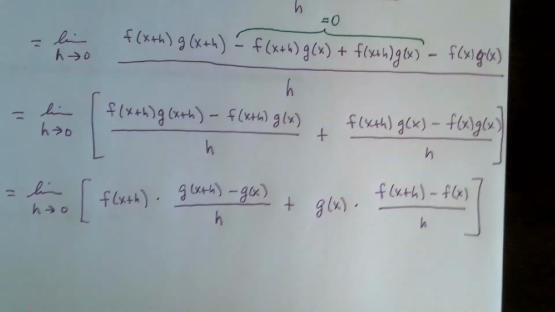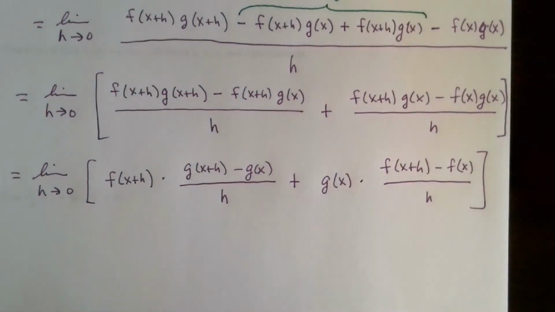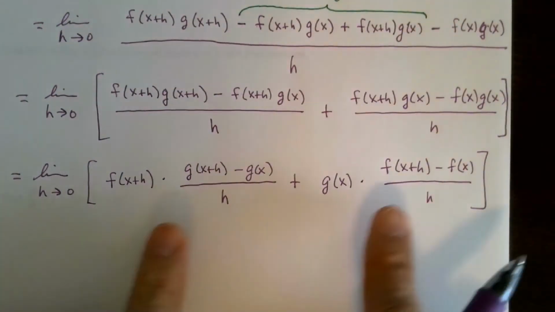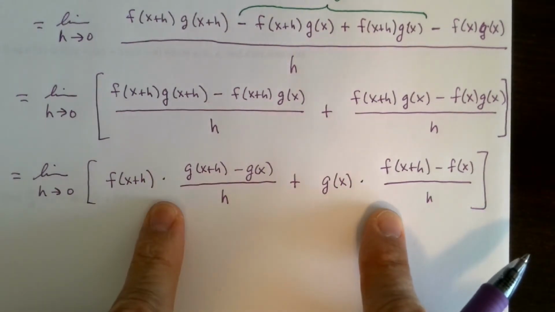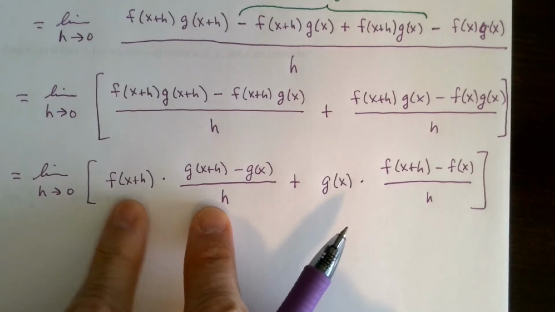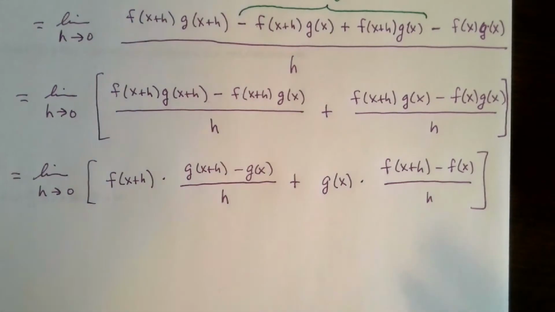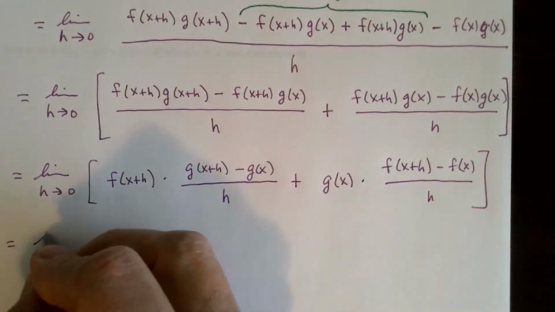All right. Now, some of you might be seeing where this is going. I have the limit of a sum of two things, so the limit of a sum is the sum of the limits. And then each one of these is a product, and the limit of a product is the product of the limits. And again, this is all provided all of these limits exist.